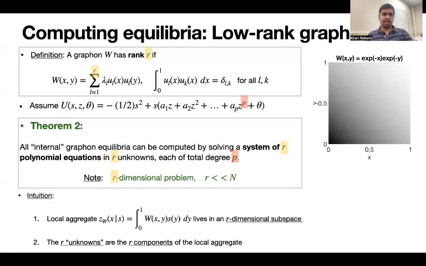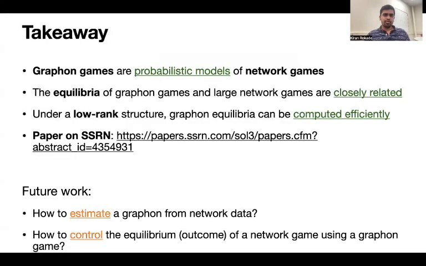Now, if the Graphon has rank R, then this local aggregate lives in an R-dimensional subspace. So computing a Graphon equilibrium essentially boils down to computing the R unknown components of the local aggregate. And that's why this becomes an R-dimensional problem.